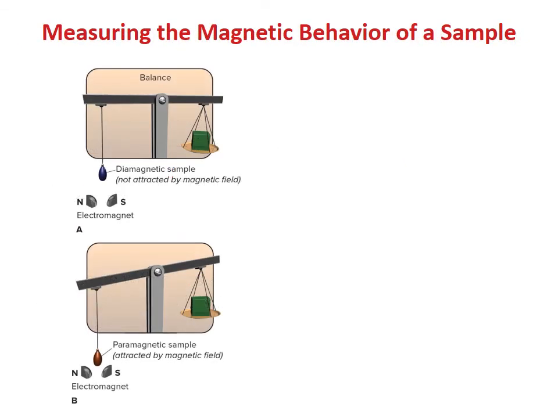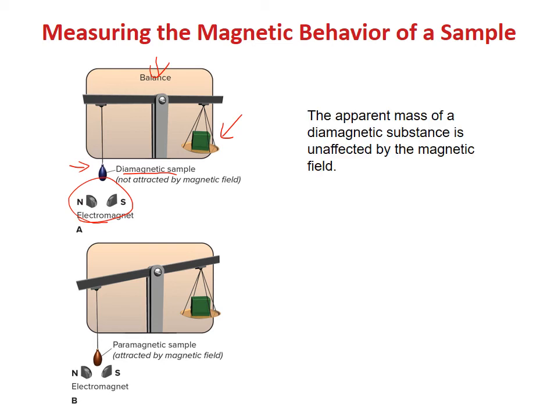This shows how the magnetic behavior of a sample is measured. On a balance, one side has an object with the same mass as a sample, and the sample is inserted inside a magnetic field. When the sample is diamagnetic, that means all electrons are paired. The balance does not move, so the apparent mass of a diamagnetic substance is unaffected by a magnetic field.